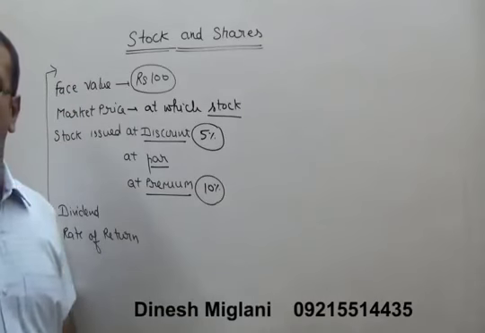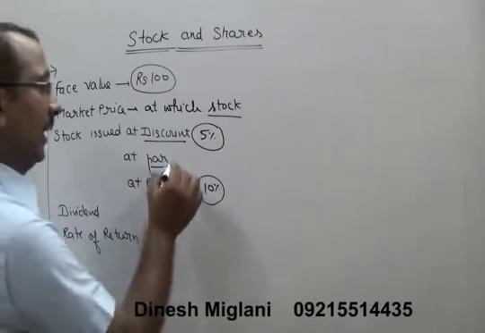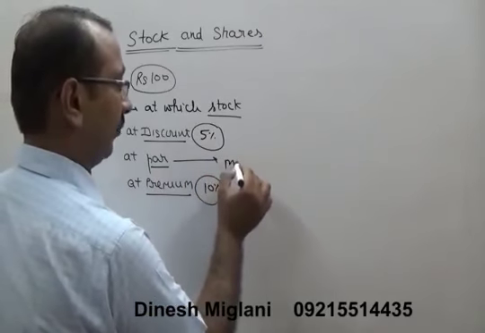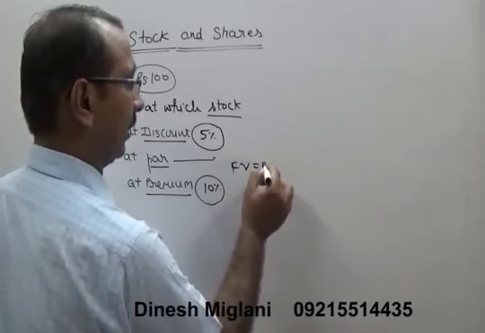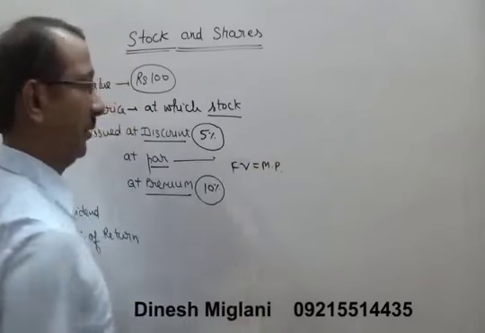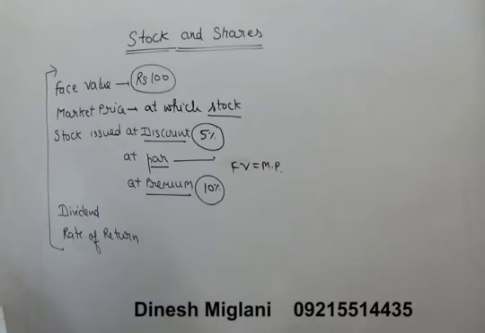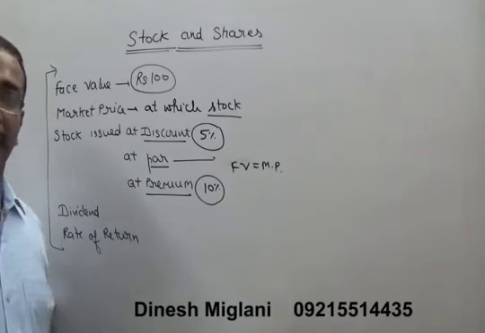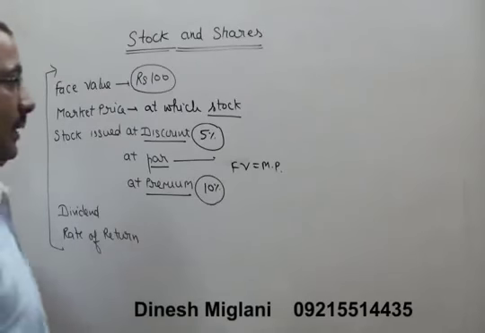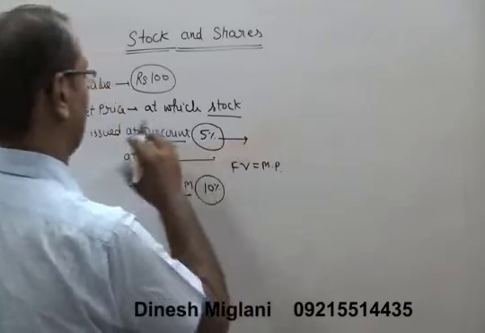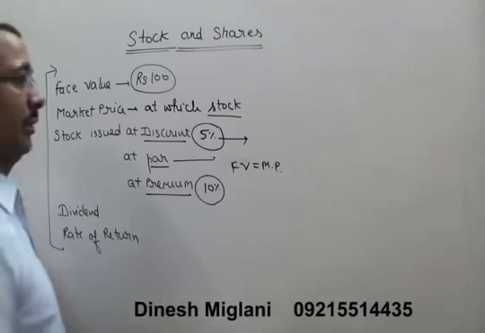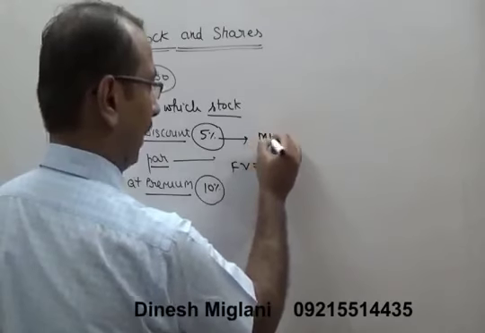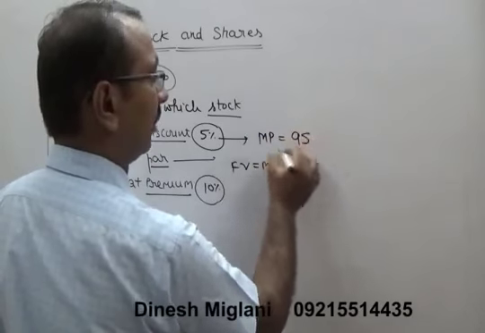If stock is issued at par, it means face value is the same as market value. We can say face value is the same as market price. That is where stock is issued at par. In the second case, where stock is issued at discount, suppose nothing is mentioned, we take face value of the stock to be 100 and it is issued at a discount of 5%. It means the market price of the stock is rupees 95.